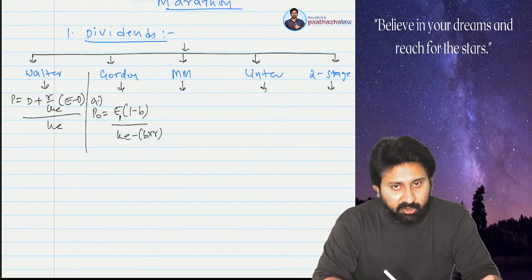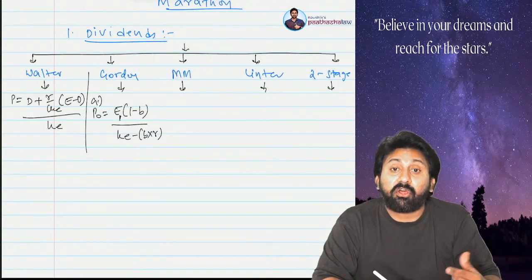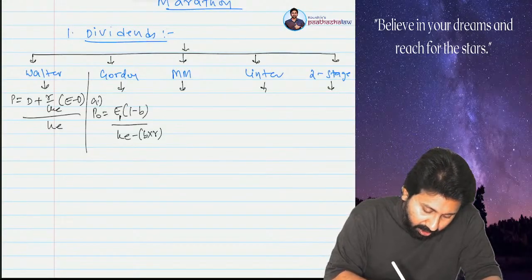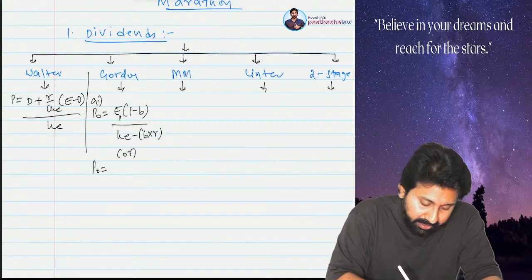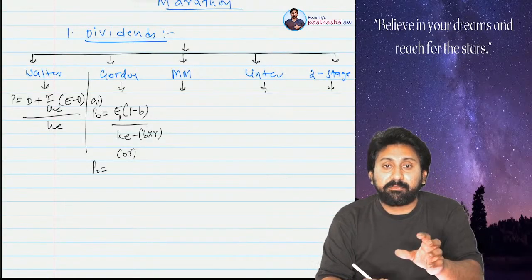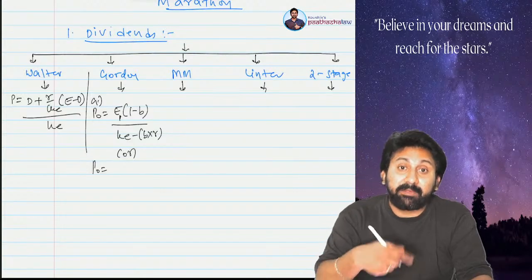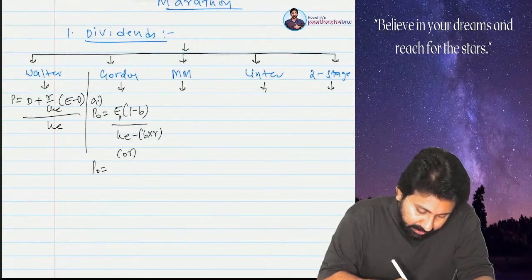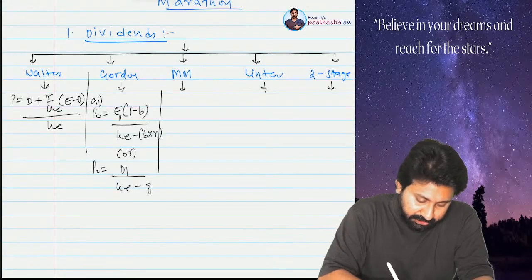Next, KE, cost of equity, minus B, retention proportion, into R, return on equity. Or this is one formula: P naught equals earnings next year into 1 minus retention. Retention means not paid, and 1 minus retention means paid. So simply this can be written as D1 divided by KE minus G.